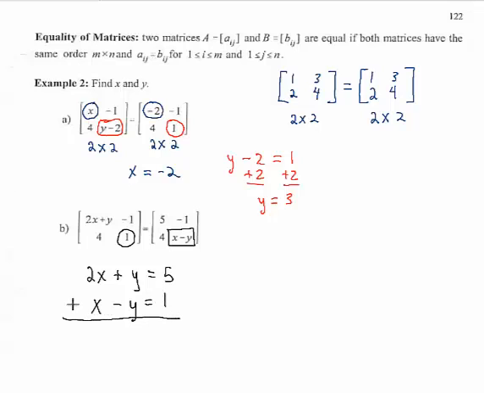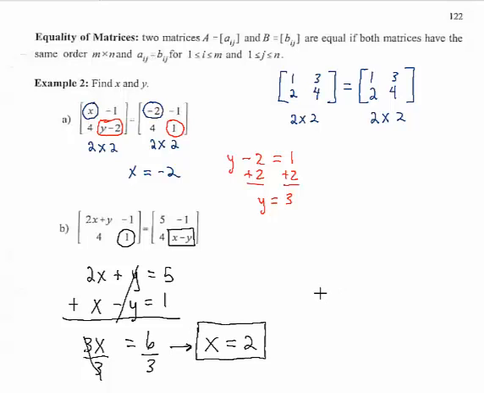It's already set up for elimination because the y's of the equation have equal numbers but opposite signs. If I added the 2 equations, the y's would cancel, and I'd end up with a 3x equals 6. And now if I just simply divide both sides by 3, I get x equals 2. Alright, and we were told to find x and y, so x equals 2.